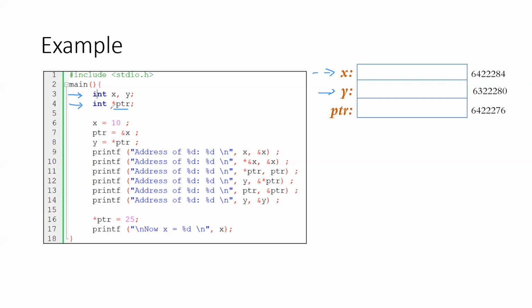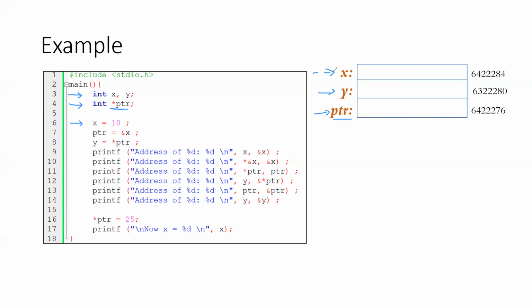Since a pointer is also a variable, your compiler will also allot a memory for that variable. In this case, PTR is allocated into this memory, which has an address of 642276.